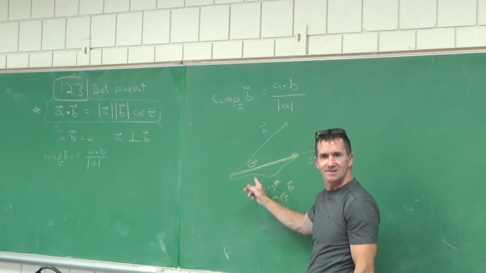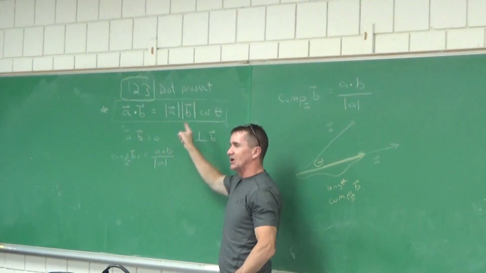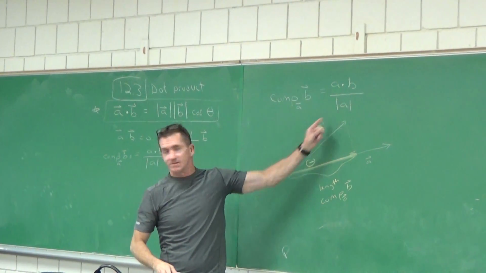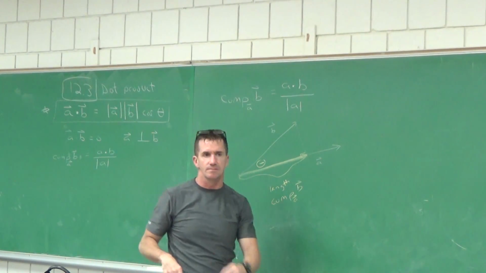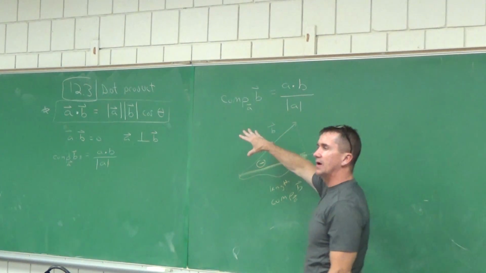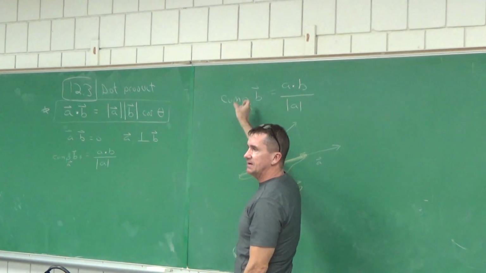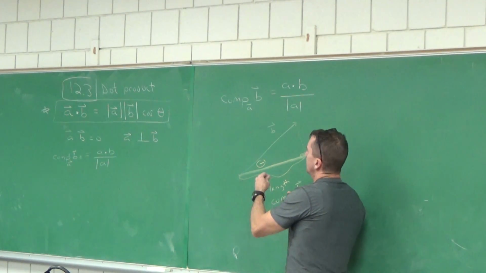Cosine theta is adjacent over hypotenuse. You could use this to show that this length would be represented by that. But you don't have to do it now. I just want to point that out. So that's called the component of B along A, almost like a shadow, right? It's a scalar.